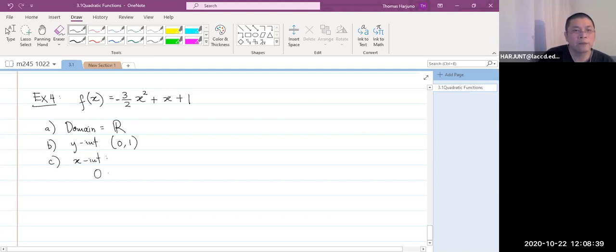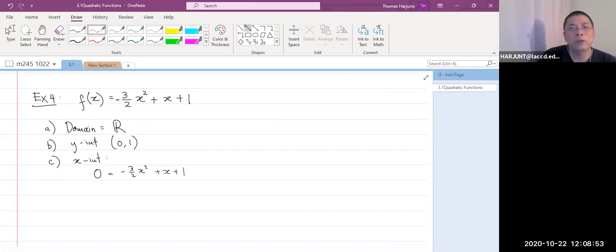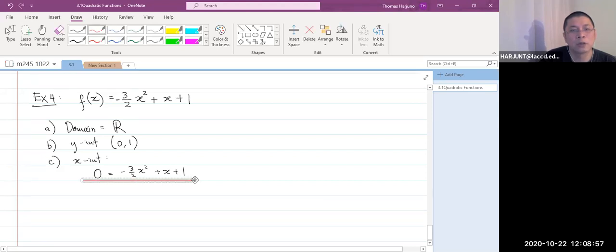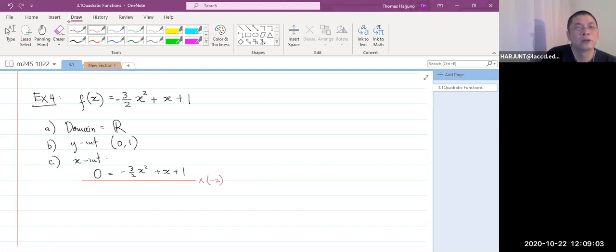Once I set f(x) to be 0, then I will see a quadratic equation. Then how to solve a quadratic equation? You have factoring, completing the square, formula. But even if you want to use formula, get rid of the fraction first. So let me multiply this by -2.